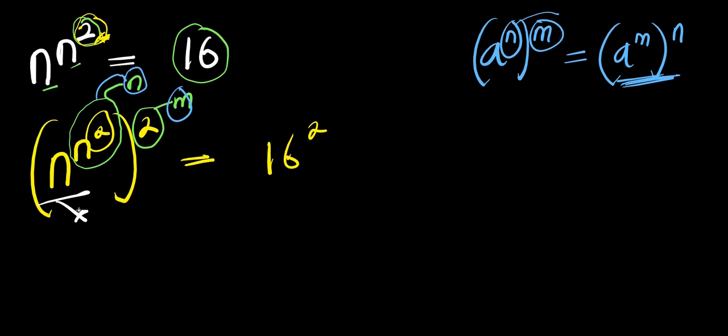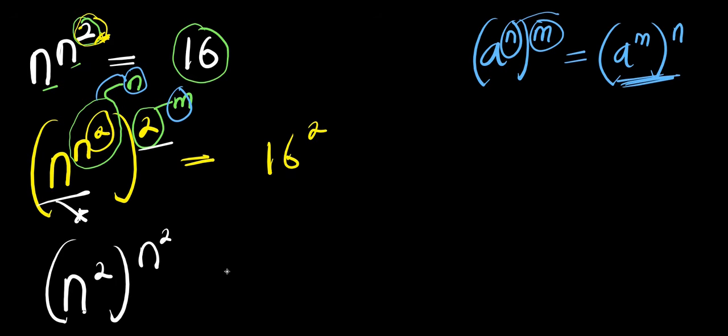So let's transform it using this identity. Remember, the base is constant, the base is the same. We have n to the power of 2 come inside the bracket, raised to the power of this, which comes outside, which is n to the power of 2, and this equals 16 to the power of 2. So if you can see, this and this are the same.